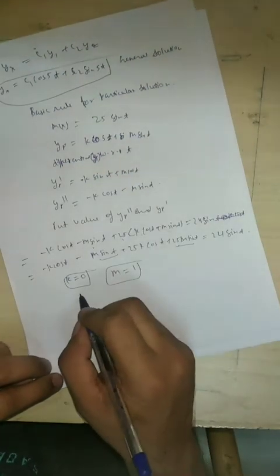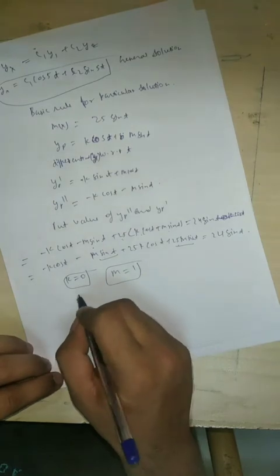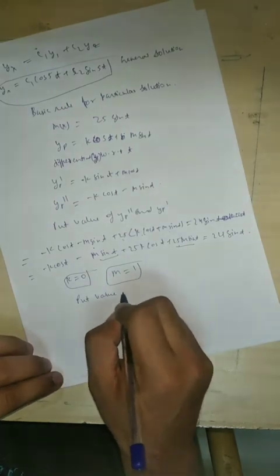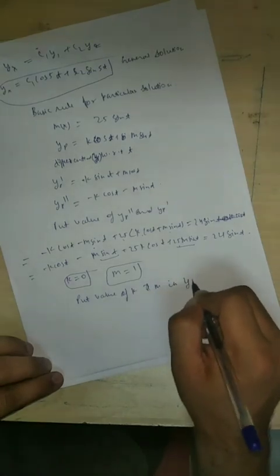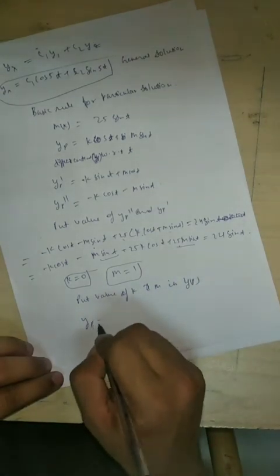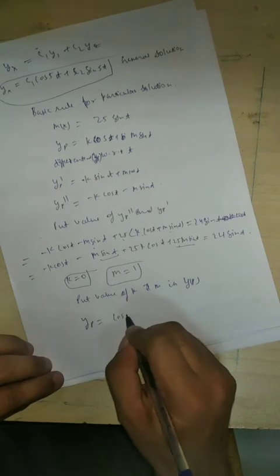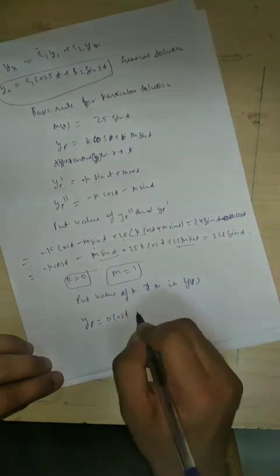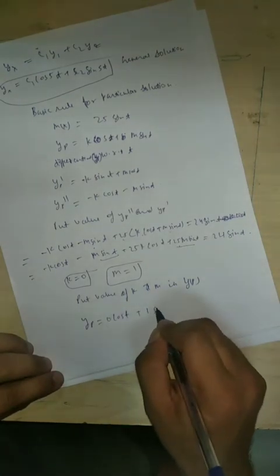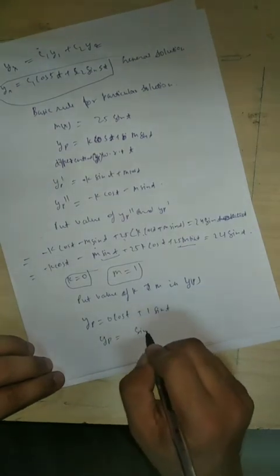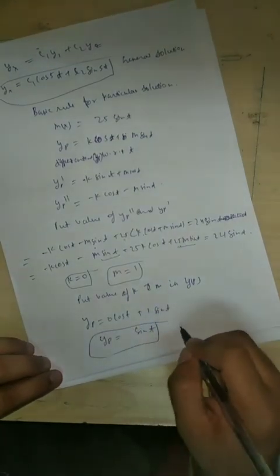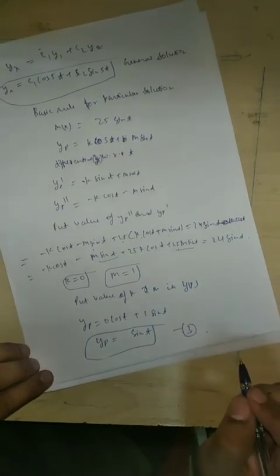Now we'll put the values of k and m in yp. So yp will become 0 cos t plus 1 sin t, so yp will come out to be sin t. We'll write this as equation 3.